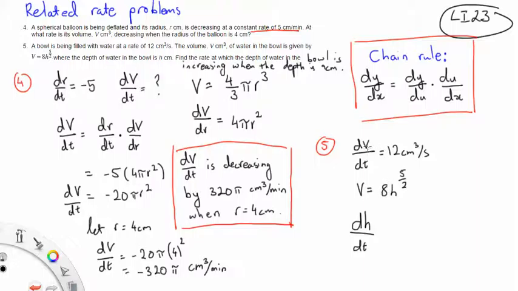So we've got dV/dt, we've got this formula, we want the change in depth with respect to time. Let's use our chain rule formula. Well, we've got dV/dt. Let's see, what's the other thing we'll need? Well, we'll need to get rid of that dV there.